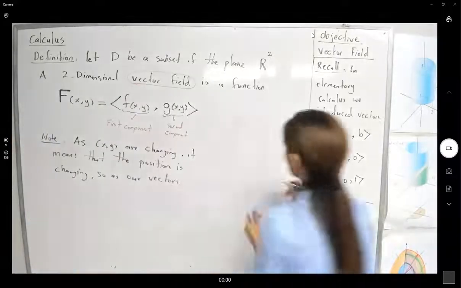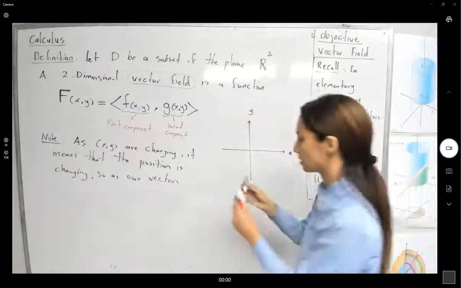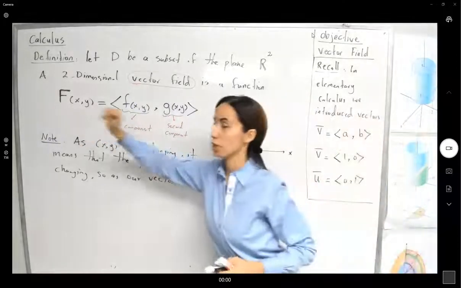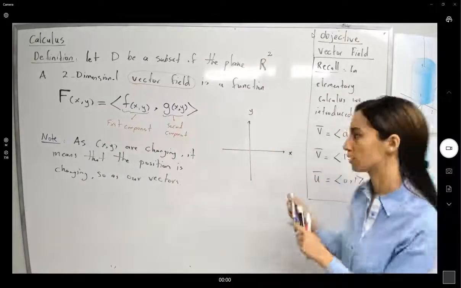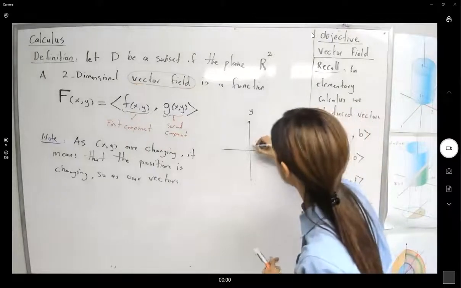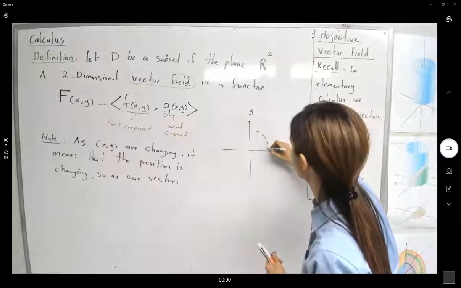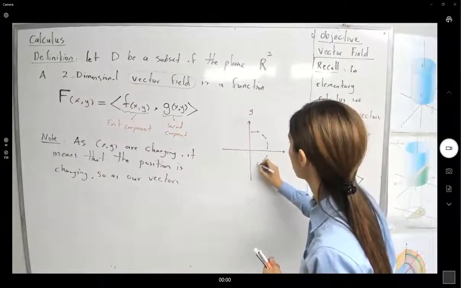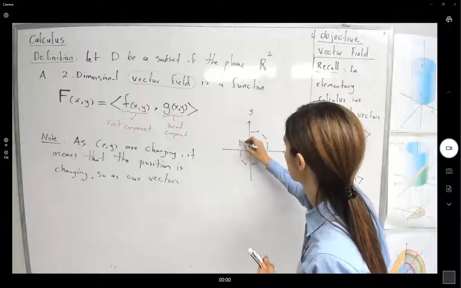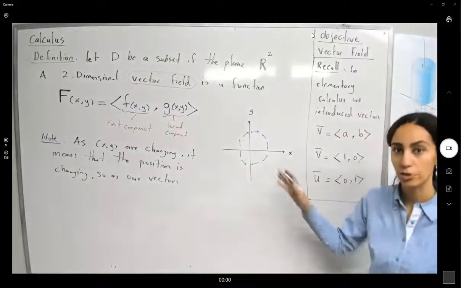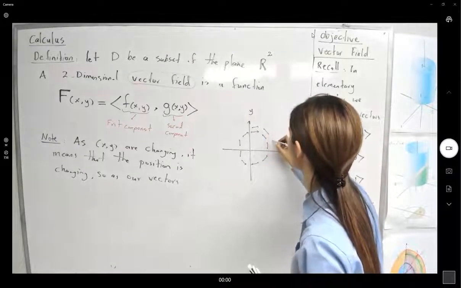So it might be like this. In the xy plane, you might have the x-axis and y-axis. You might see the representation of this function as collections of vectors. What vectors? Any vectors. The vectors might behave this way, or they might behave differently based on the definition of your function. It might be a rotational vector field, or it might be absolutely different from this behavior.